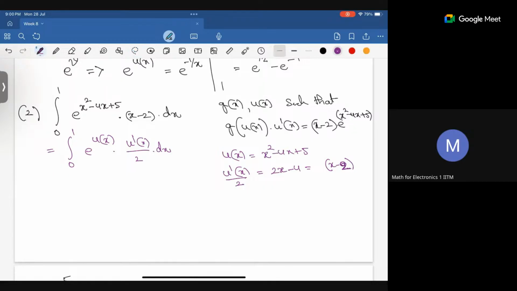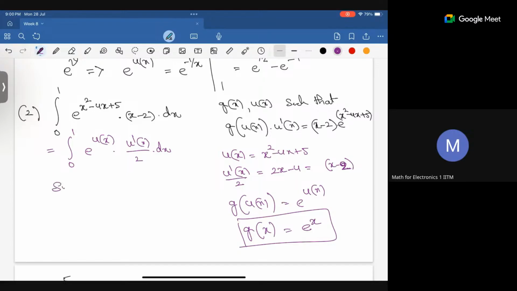Okay, so now what will happen? From here you can see g of u of x is e power u of x. So from there you can say g of x is e power x. Right, so now the substitution is, instead of u of x, we will bring in a new variable, which is v. v as u of x. So once we bring this in, dv will simply be u prime of x dx, right?